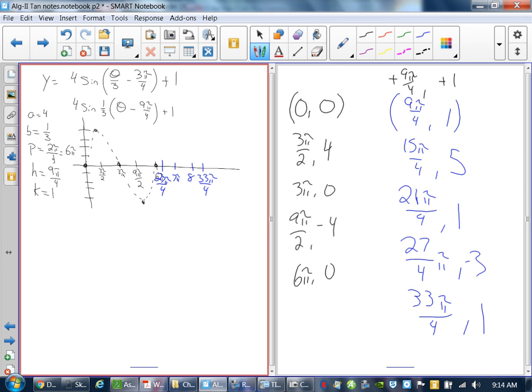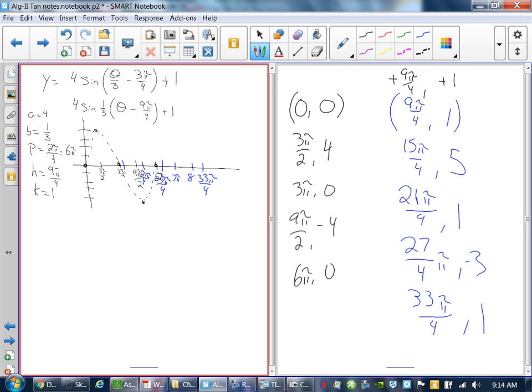Well, 5 and change is going to be a little bit more than 9 pi over 2, isn't it? 15 over 4 is more than 3, isn't it? So it's going to be here.